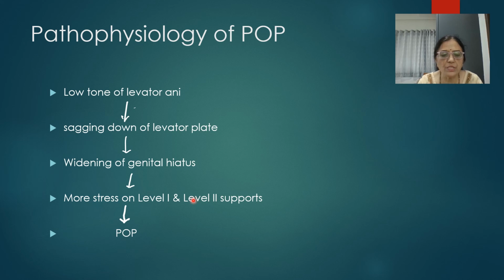It is like a tissue which is getting suspended and which remains up because of that. Because of this widened hiatus, there is more stress put on these two levels. Gradually, these supports at level 1 and level 2 give way, and that leads to the initiation of pelvic organ prolapse.